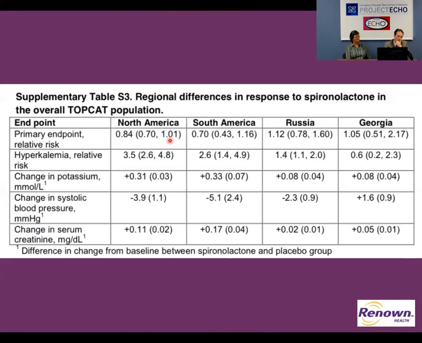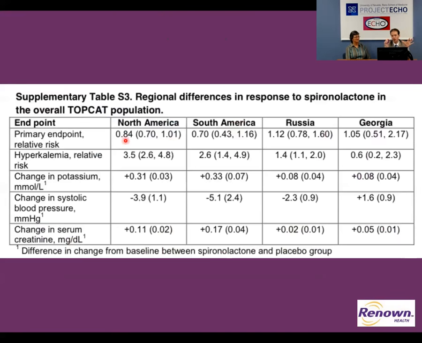So it was 1.01, so if it's over 1, then it abuts the fact that we can't be 95% certain that it did work, but it pretty much did. It reduced event rates of death, hospitalization, and cardiac arrest by about 16% compared to placebo, which is pretty good in a disease where nothing works.